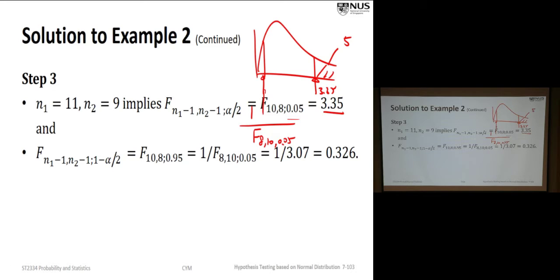This number is supposed to be F(10,8) at 0.95. That means greater than this number is 95%. But this is equal to 1 over F. I swap the two degrees of freedom, and then instead of greater than it being 95%, now greater than this number is 5%, and then take the reciprocal.